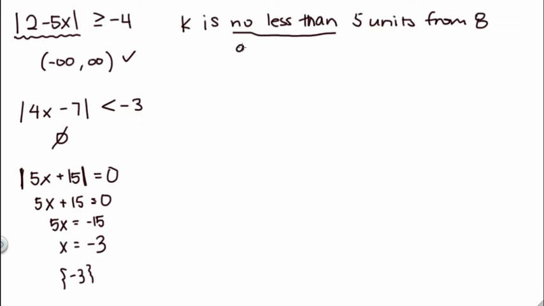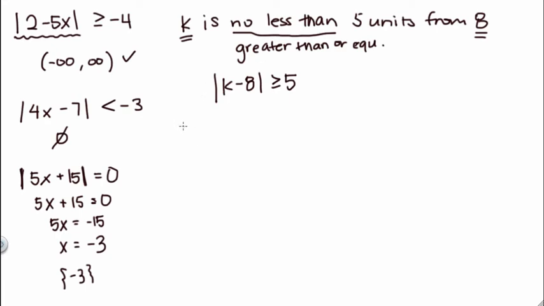So instead of no less than, we can say greater than or equal to. So we are saying between k and 8, there's at least 5 units, right? So between k and 8, I can find that distance by subtracting them and taking the absolute value. I want it to be greater than or equal to 5 units. So absolute value of k minus 8 is greater than or equal to 5.